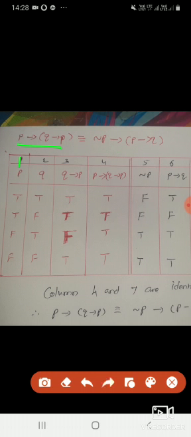To find the left hand side, we first take Q to P, in order. True to true is true. False to true is also true. True to false is false. False to false is true. So we have used the truth table of the if then conditional.